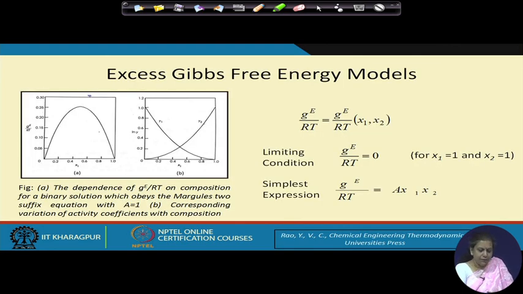It is very difficult to find out how gamma in a real solution can be related to the properties of the real solution. Why? Because for a real solution, when it deviates from ideality, firstly, the size and shape of the molecules can be different, as a result of which there is a non-vanishing volume of mixing.